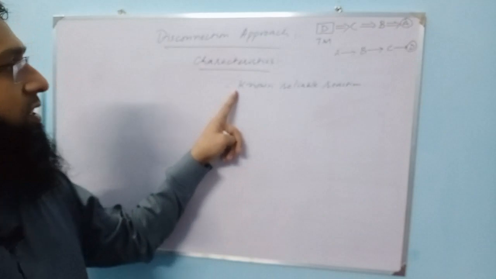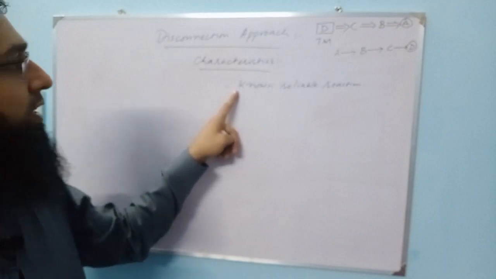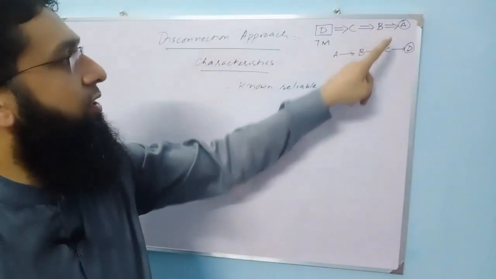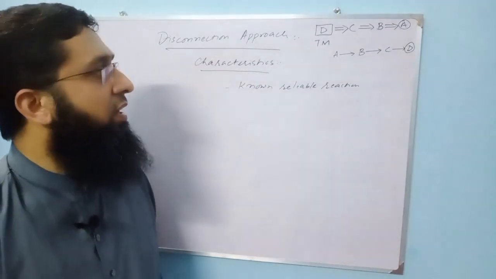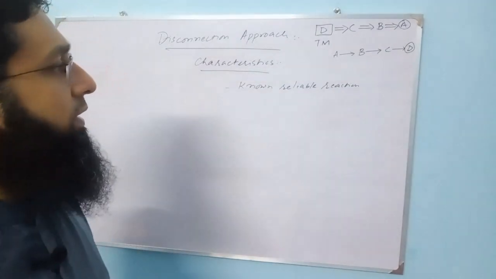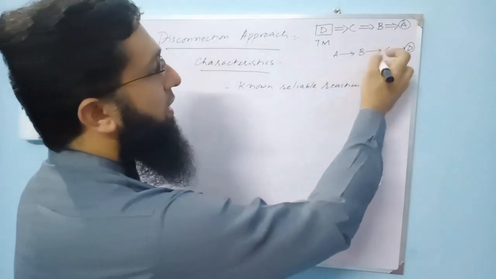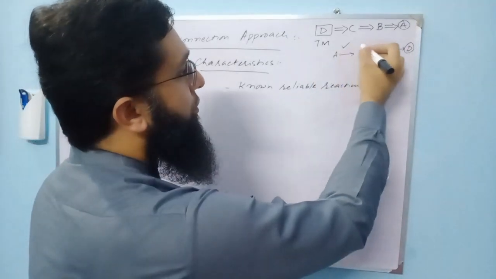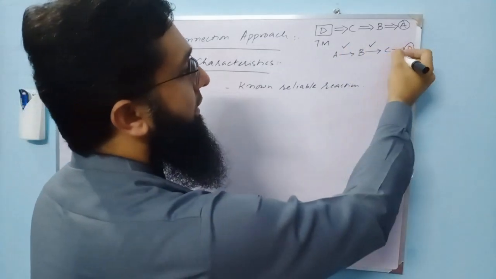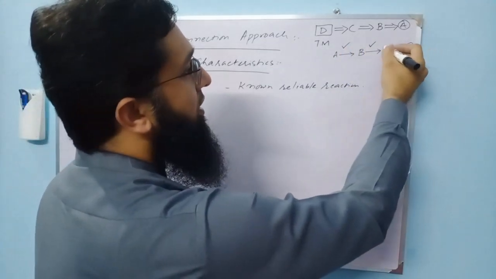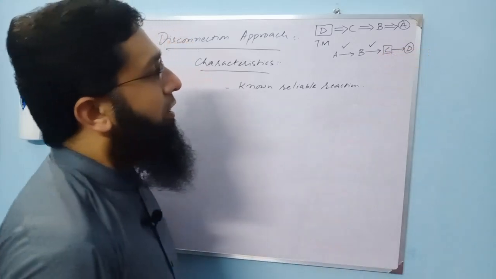This characteristic explains that each of this disconnection should correspond to a known reliable reaction. Why we need that? Because, for example, if we have undergone 2 of these steps and now we want to convert C into D, and C is in our hands now.